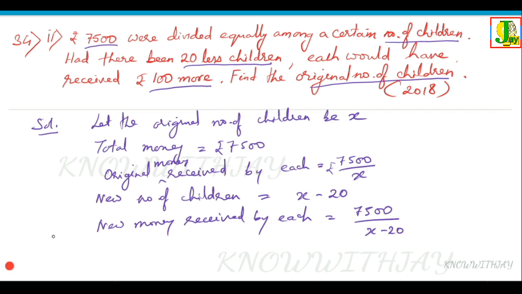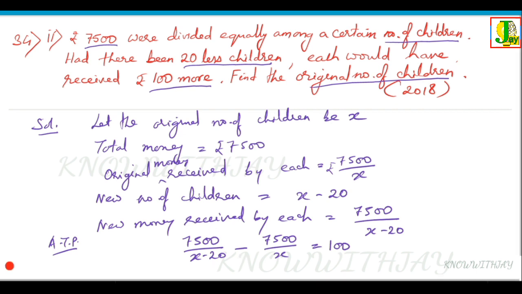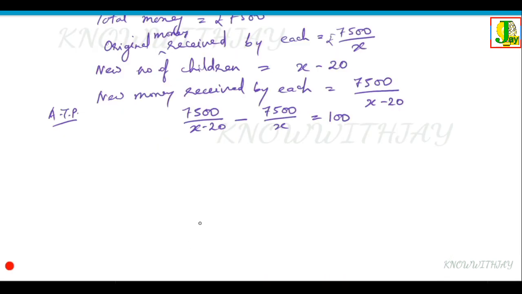Now according to the condition, the new money received is more: 7,500 on x minus 20 is greater than 7,500 by x by 100 rupees. This is the important part to form the expression. Now you can reduce it to a standard quadratic equation, then solve for x.